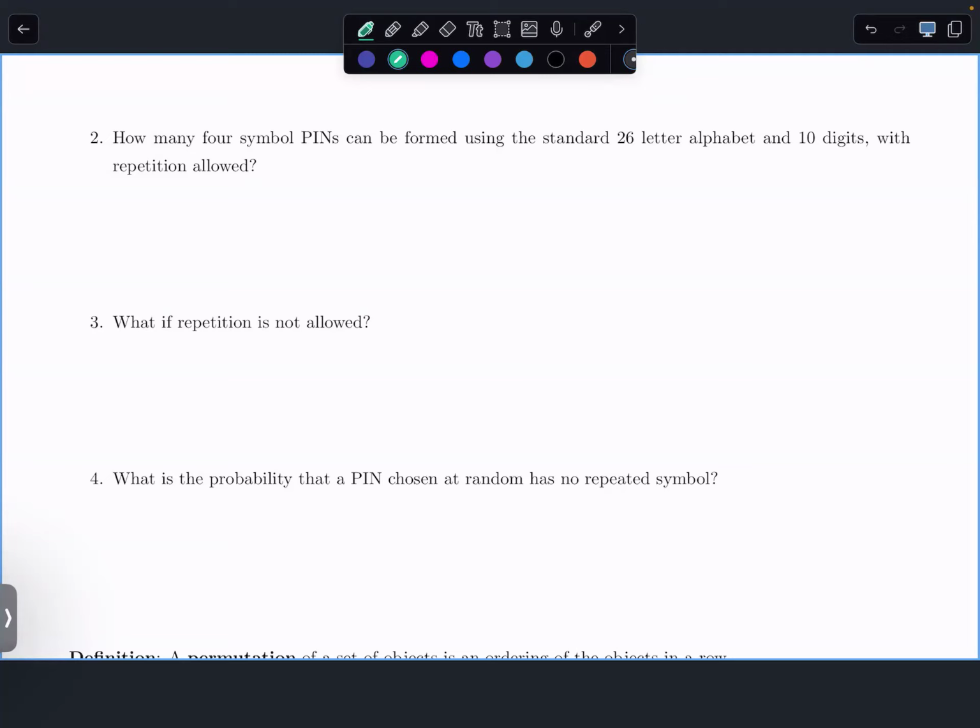You want to explain yourself? Because there could be 36 characters in each of the 4 spots, kind of like what we did with the T as a that.